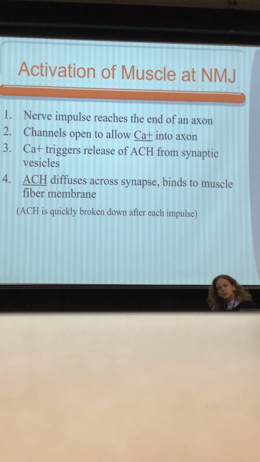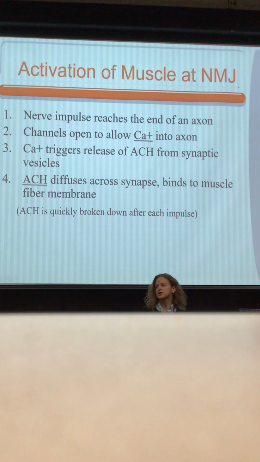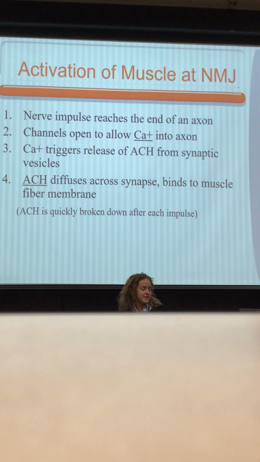So we're beginning to explain how a muscle contracts. The very first thing every muscle needs is a nerve impulse. But it's not so easy, you see, because at the end of each nerve, there's a synapse. How are we going to get that electrical current, that nerve impulse, across the synapse?